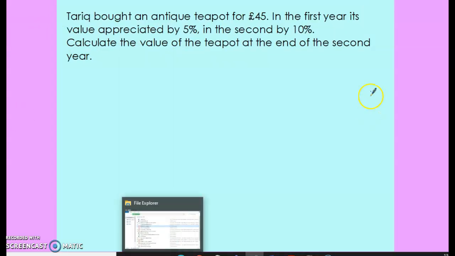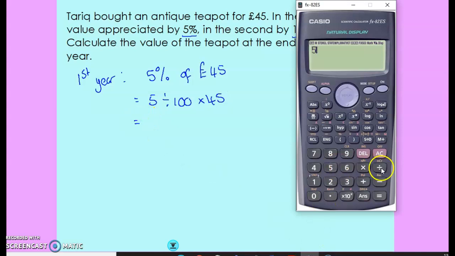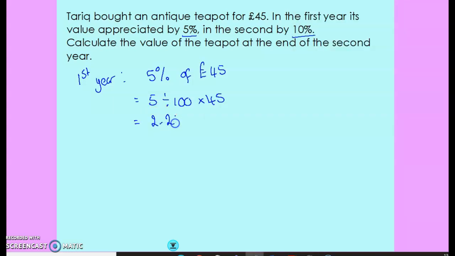Try another one like that. An antique teapot, £45. In the first year it appreciated by 5%, in the second by 10%. We want to know the value of the teapot at the end of the second year. So in the first year, we need to find 5% of £45. 5% is 5 out of 100, which is £2.25.